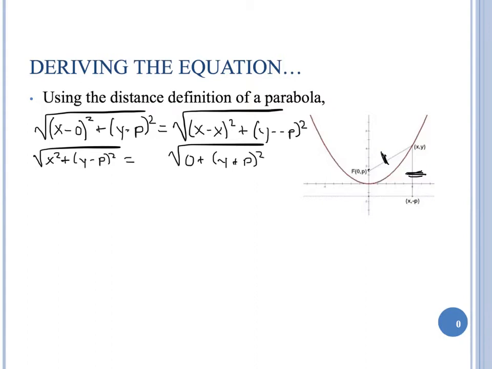And then if I square both sides, that's going to drop my parentheses. It's going to drop my square root signs. And my y minus p squared would start looking like y squared minus 2yp plus p squared, not y squared.